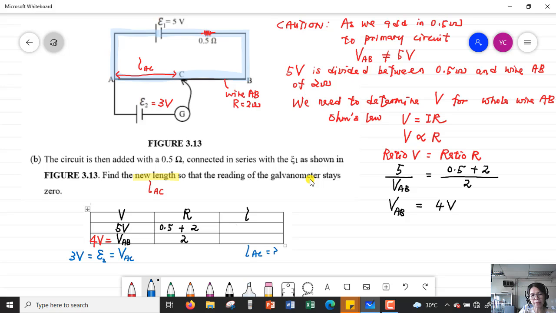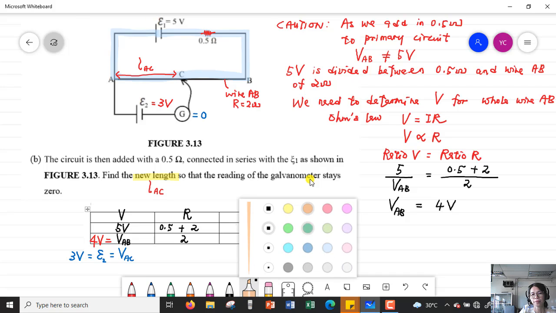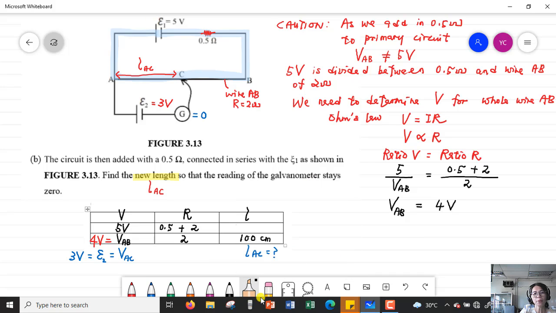We want to determine it. For the whole wire, the length is 100 cm, 1 meter, right? 100 cm. So in order to find the new length, whereby our galvanometer stays 0, when our galvanometer stays 0, it means that the voltage across A to C is equal to the voltage E2, 3 volt.